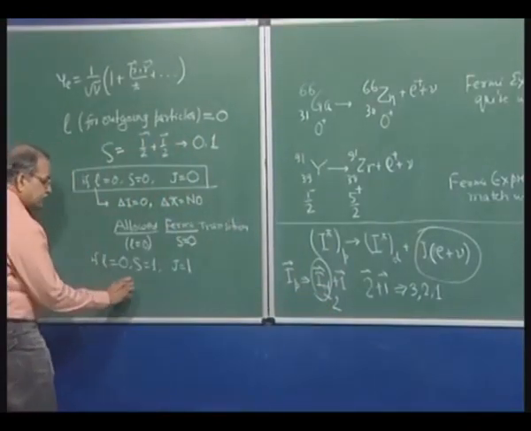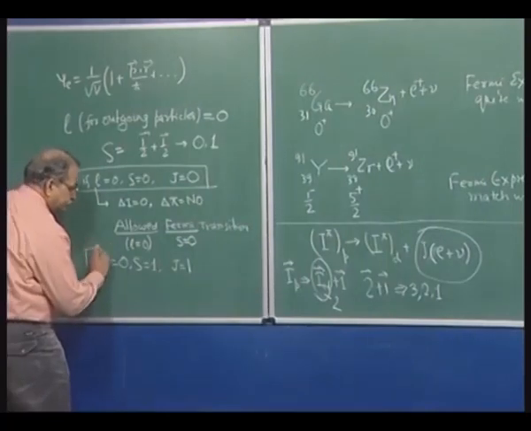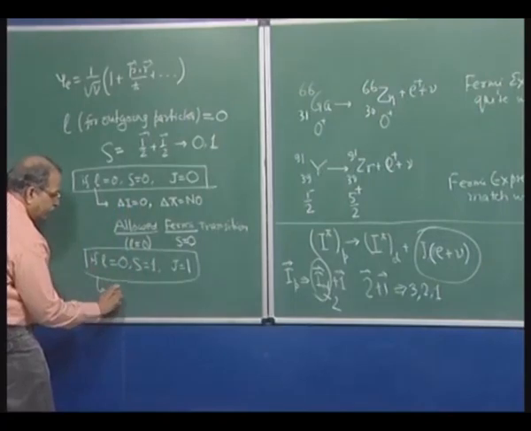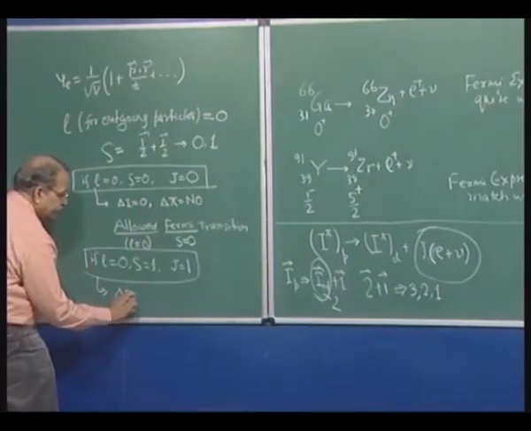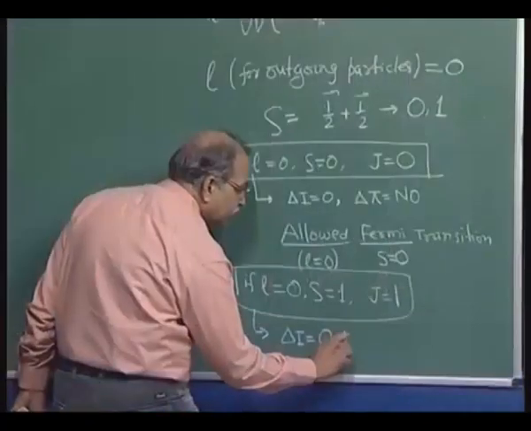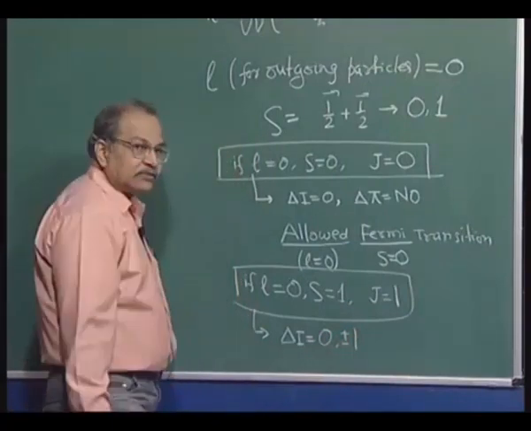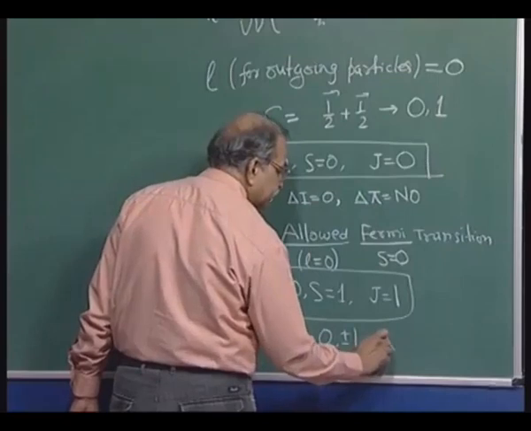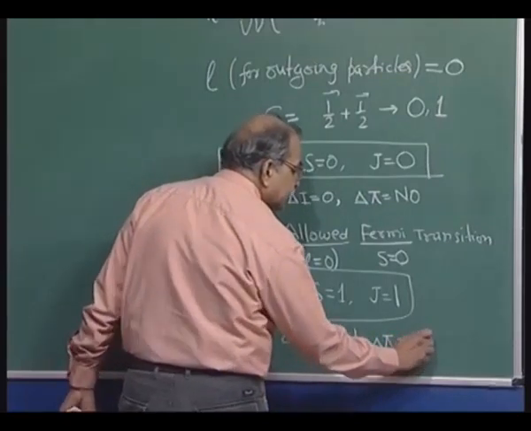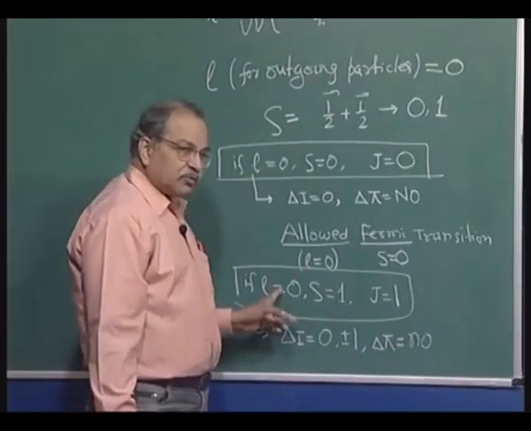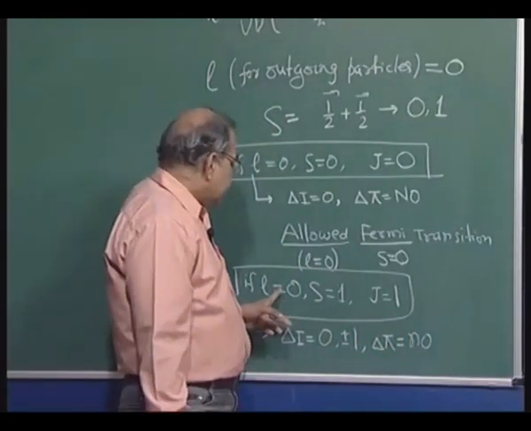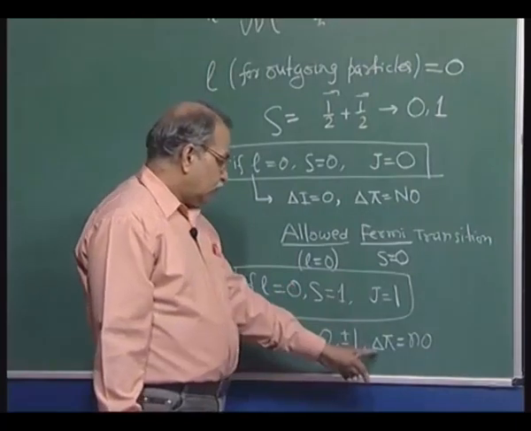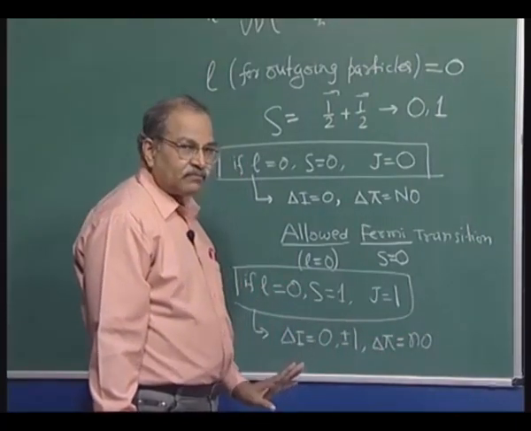So, in this case you will have delta I can be 0 or plus 1 or minus 1, and delta pi of course no, because delta pi depends on the orbital angular momentum, and if the orbital angular momentum is 0, then minus 1 to the power 0 is plus 1. So, no change in parity.